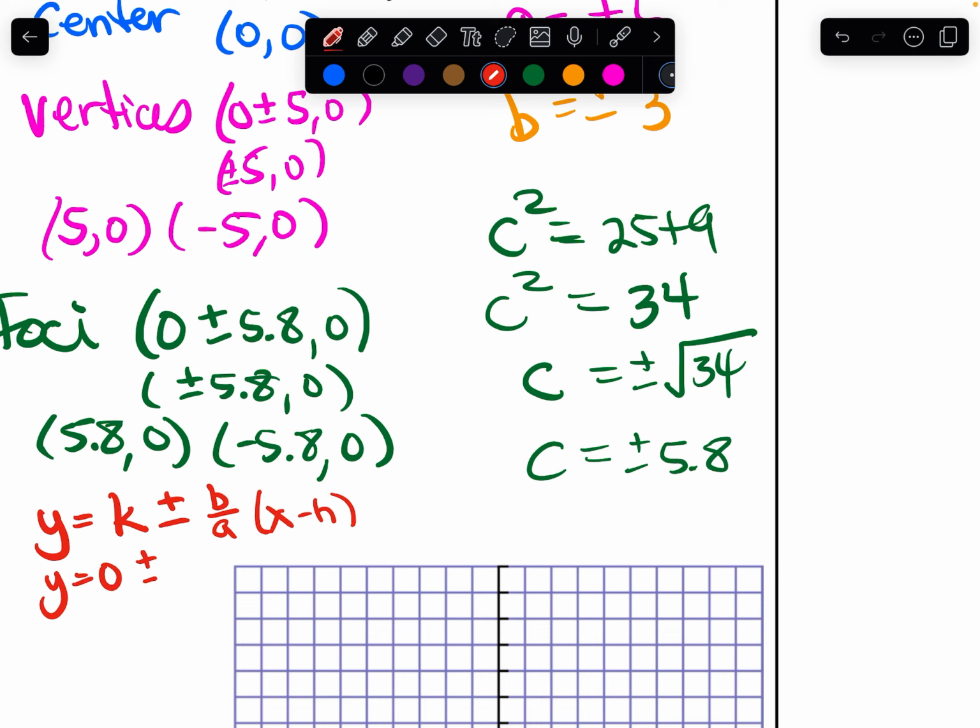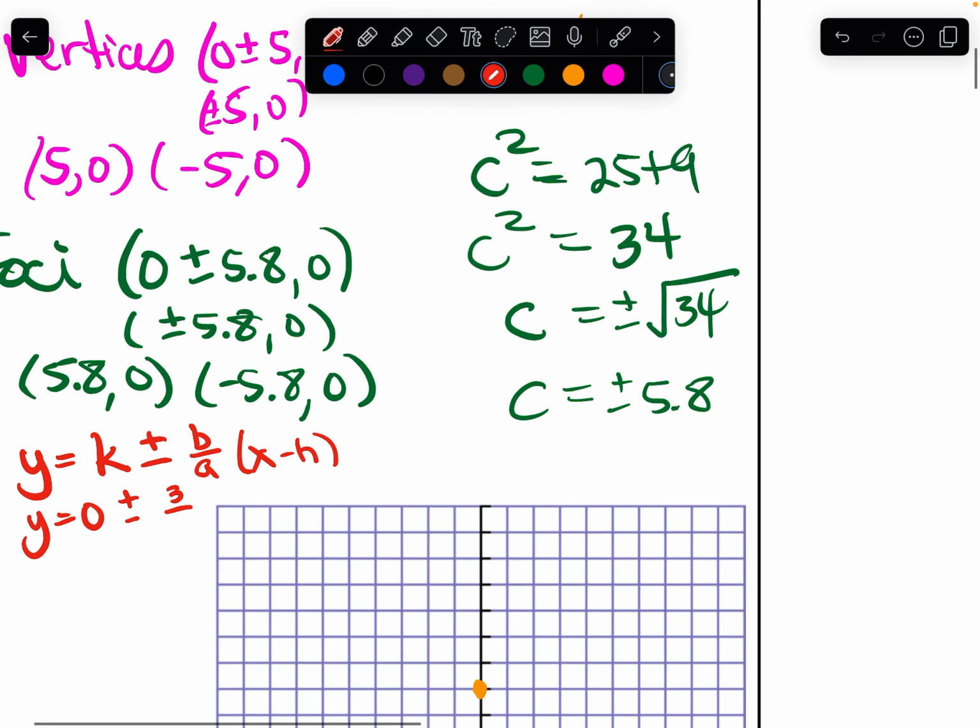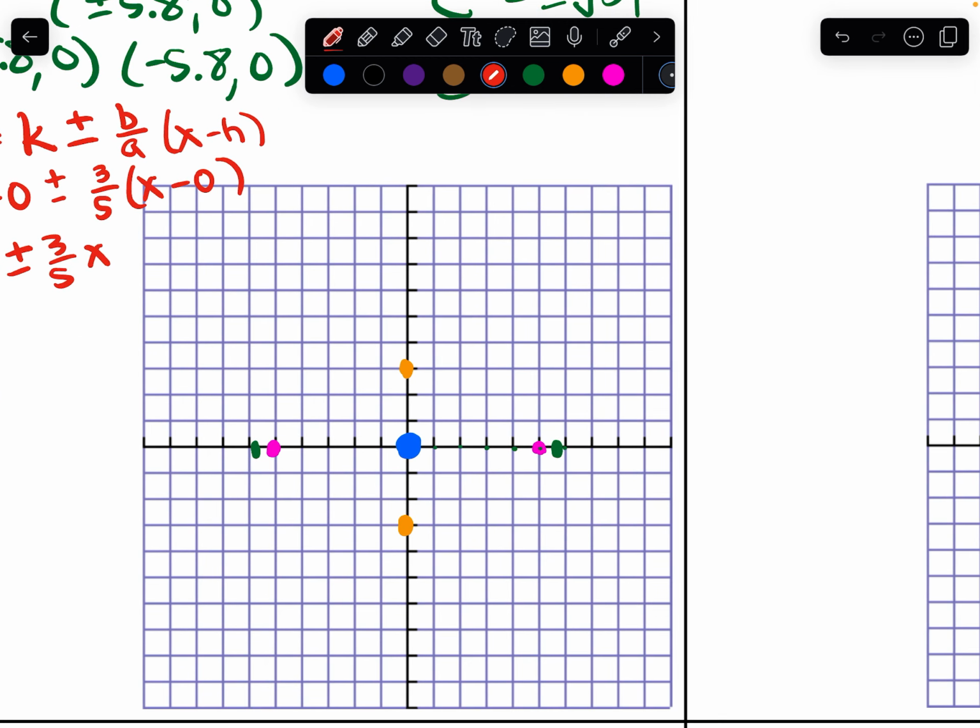The b value was 3. The a value, I can't remember, is 5. The h value was 0. So y equals plus or minus 3/5 x. So that's my asymptote. So now I just need to finish drawing this.